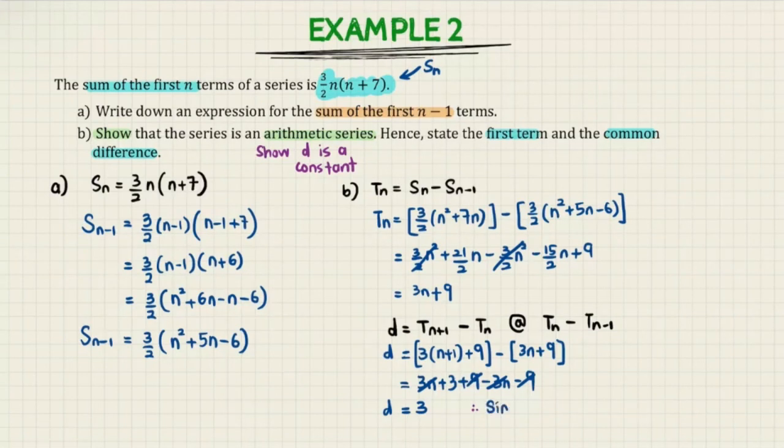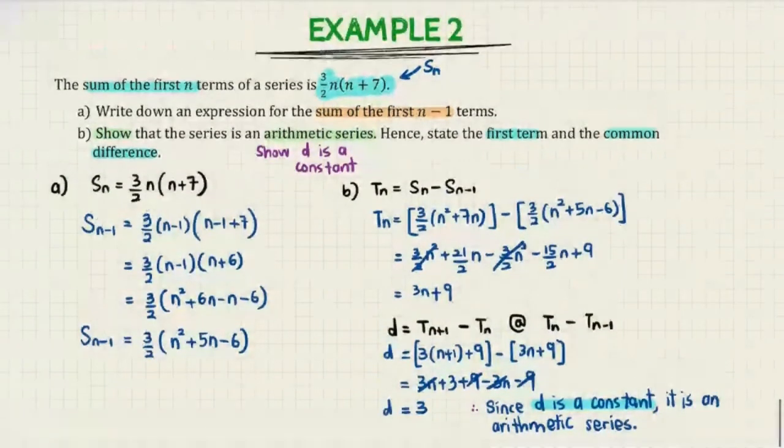Since D is a constant, it is an arithmetic series. Okay. So ini adalah D sama dengan 3 lah. Nak show dia adalah arithmetic.